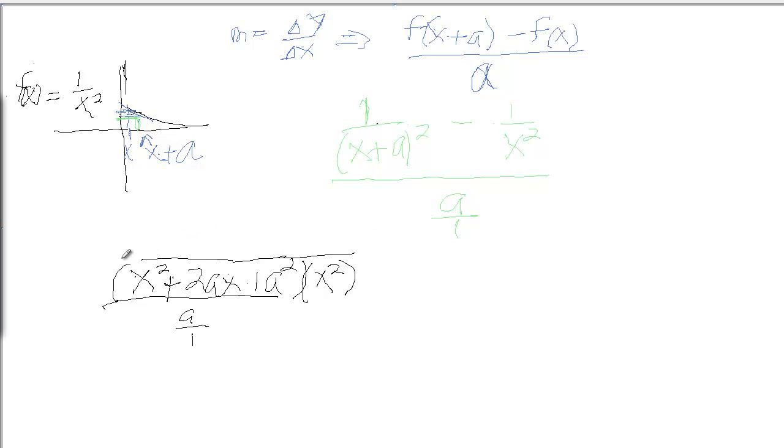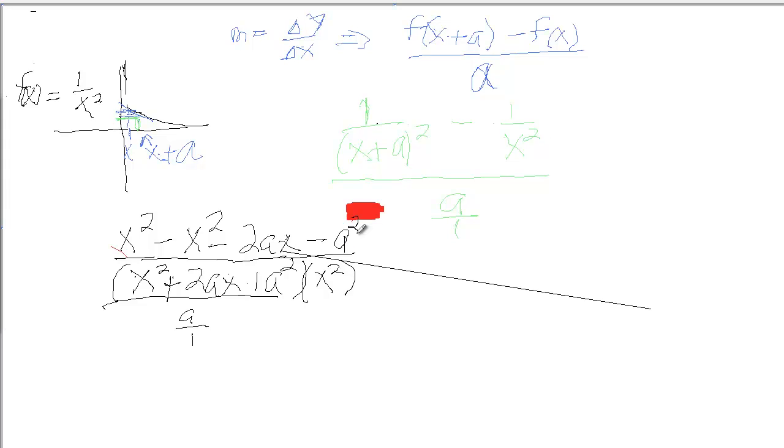So my numerator then, since it's a 1, is quite simply x squared, and it's minus all this. So what happened there? Minus a squared.